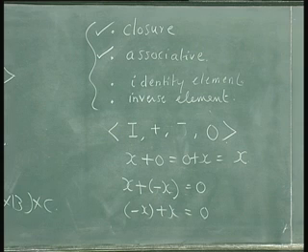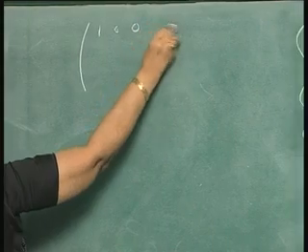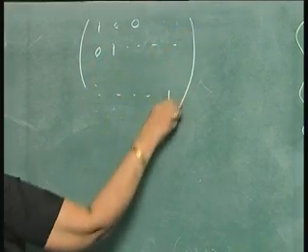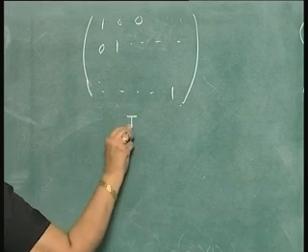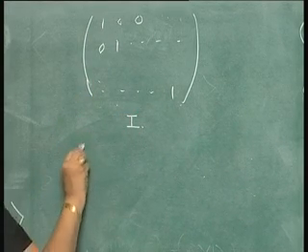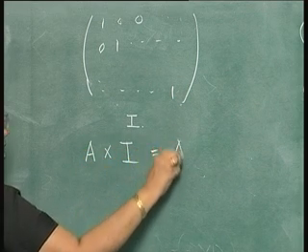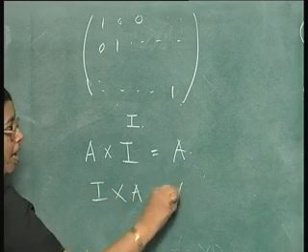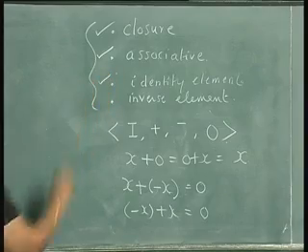Now, the identity matrix of size n by n, which is 1 0 0, 0 1 0, and so on, denoted by I. If you take any matrix A, A into I will give you A, and I into A will give you A. So, this is the identity element.